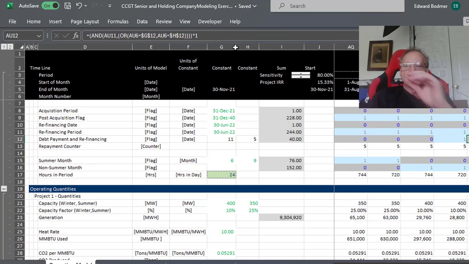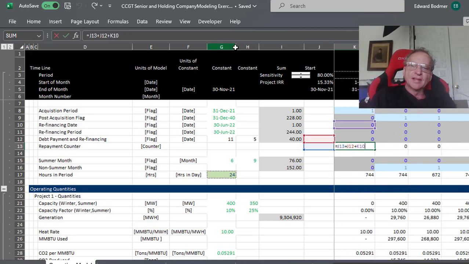So that's a little bit complicated, but once you have that, then you can go back and say, okay, let's put a counter in for the dates that we want in our detailed sheet. Now, see, well, that's a pain.